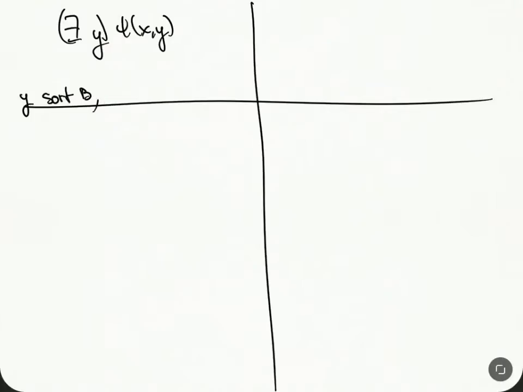Okay. So here, we know that we have this guy, and this guy is contained in A^M cross B^M.